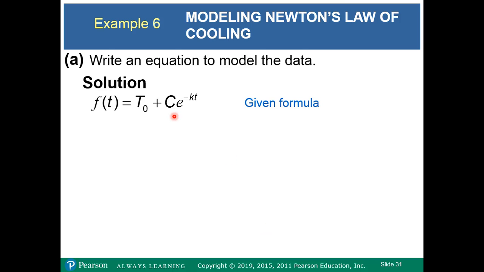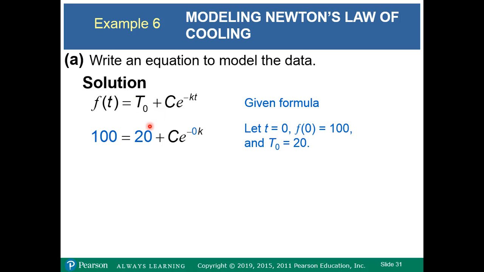So here's our formula. We're going to stick in 20. The initial temperature of the room is 20, and the function here is 100.